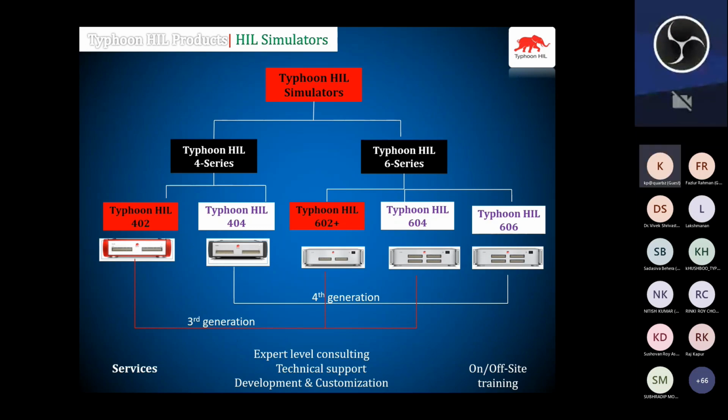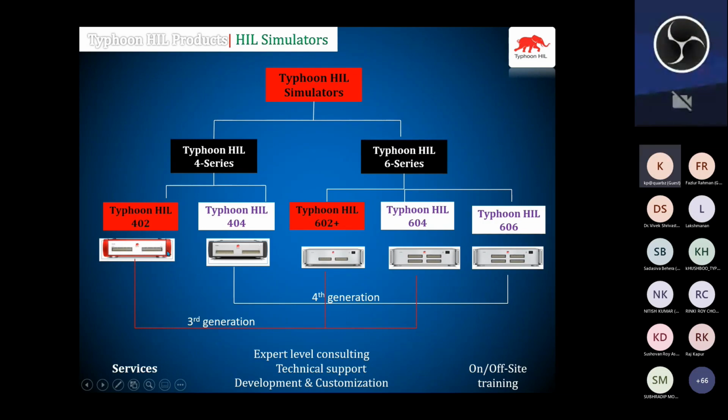Then with the physical appearance, you are able to find what kind of a box 402 looks like. Then 404, the similar structure you will find. These are the pins for the analog input output, AIOs, and pins are provided for the interfacing purpose and for the DIOs.